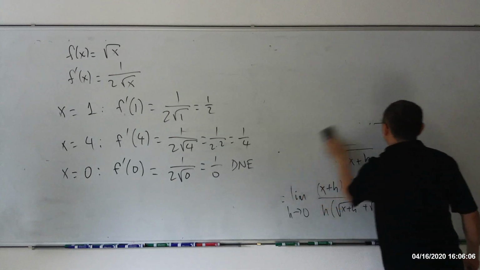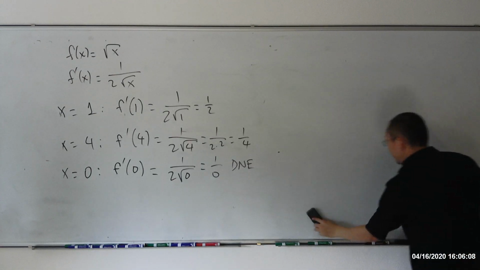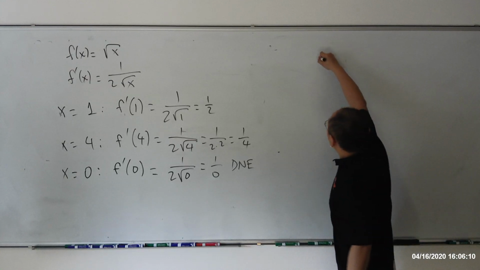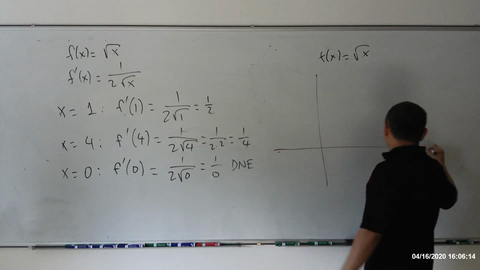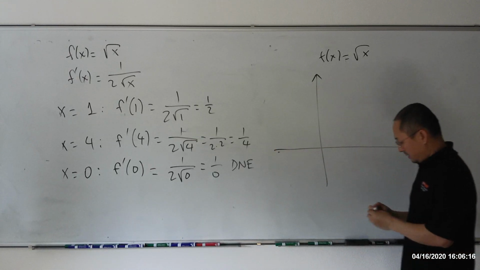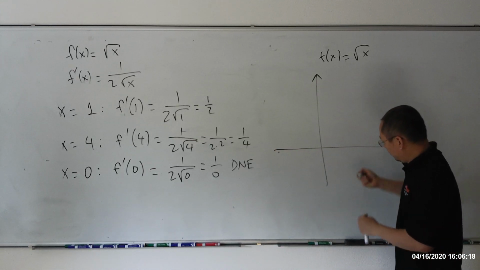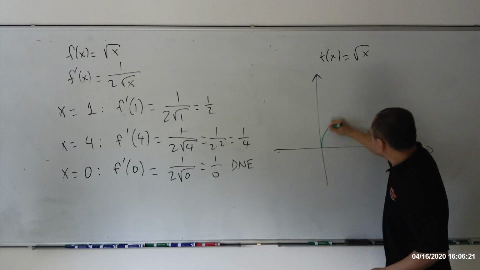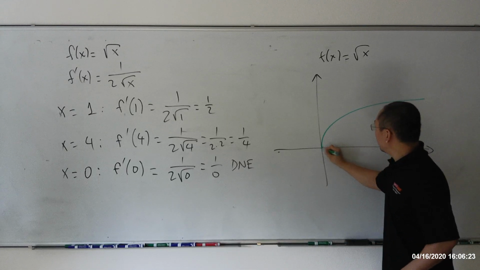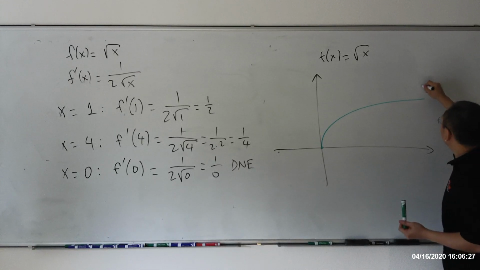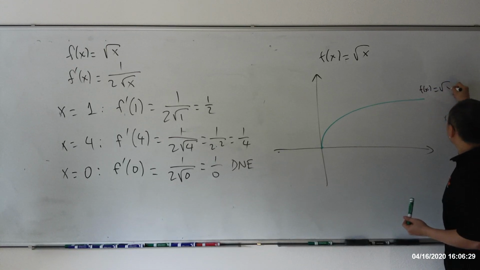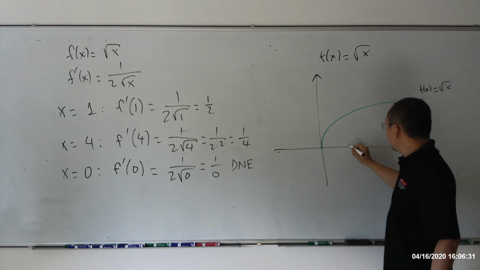Let me show you the graph and let's explain everything. The graph of f of x equal to square root of x looks like this. It is actually half of a parabola, like this, including the point. This is y equal to, or f of x equal to square root of x. 1 is right here.